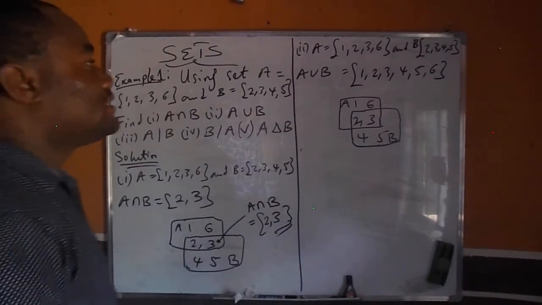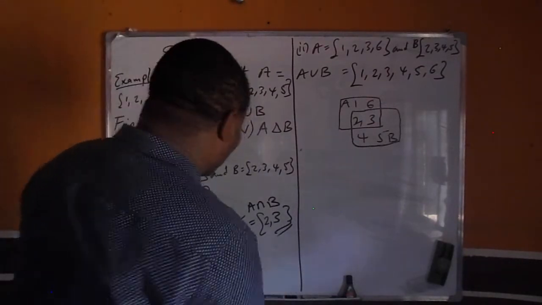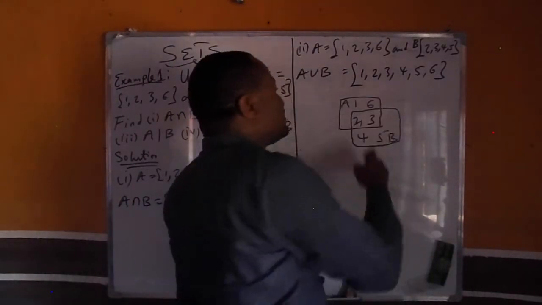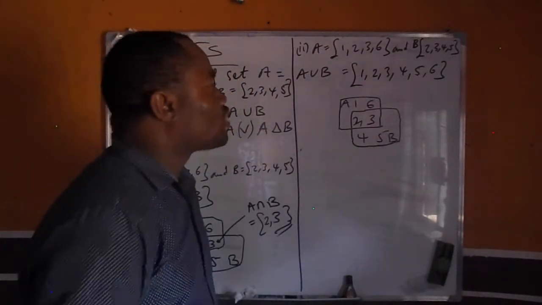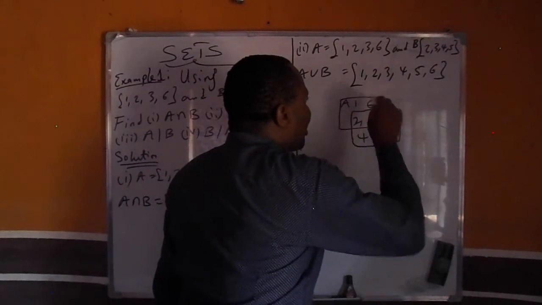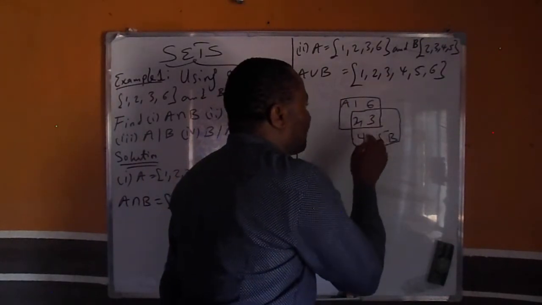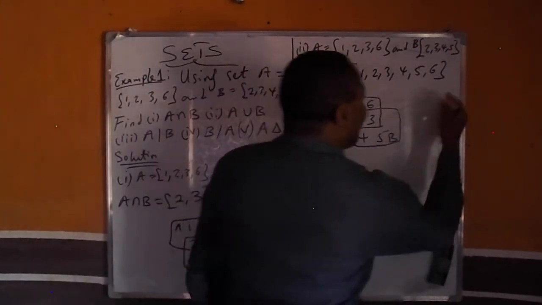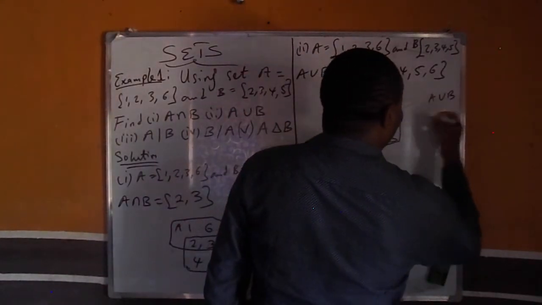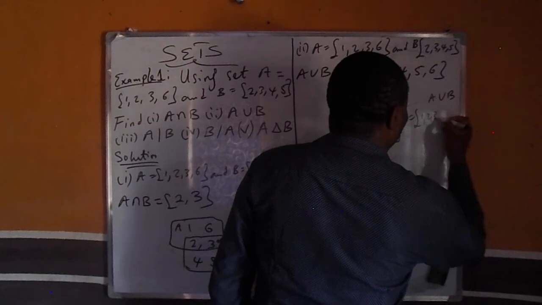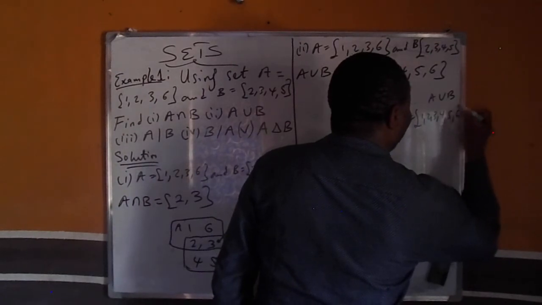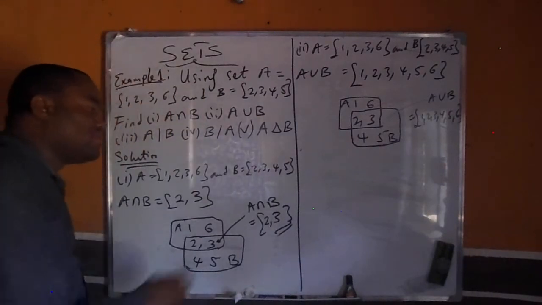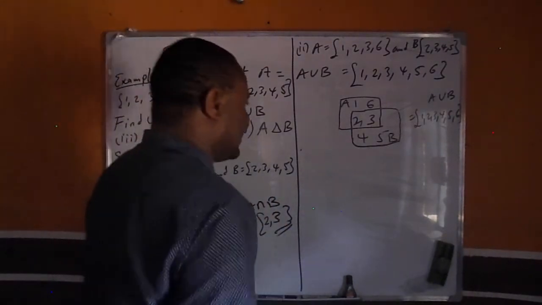Now, the difference between what we have solved here and this is that this one, A union B, is talking about all the elements. So now, our answer here are all the 6 elements: 1, 2, 3, 4, 5, 6. They are all what give us A union B, which equals 1, 2, 3, 4, 5, and 6. Unlike this one, whereby it's A intersection B, where we have only 2 and 3.